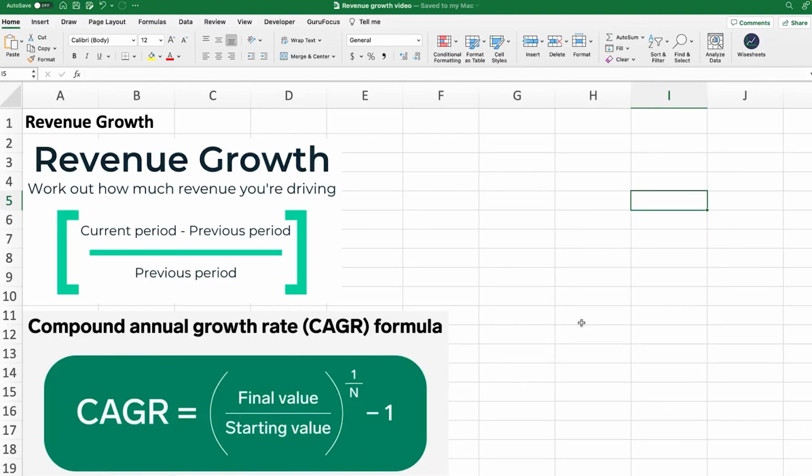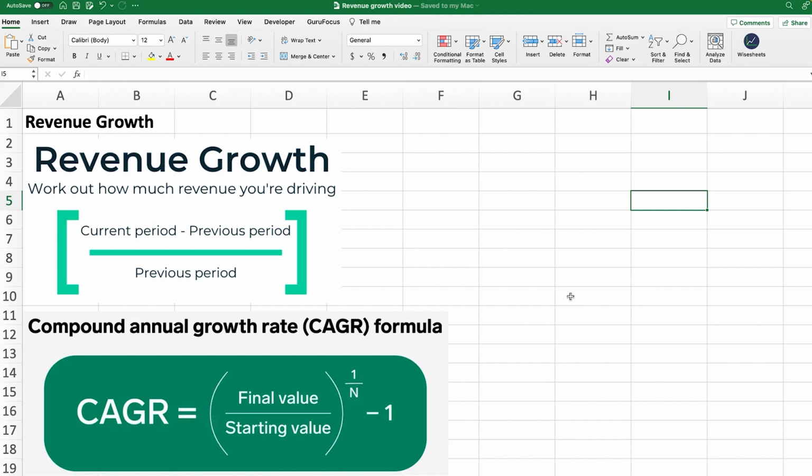Okay, so before we get into how you can calculate the revenue growth, let's talk a little bit about what revenue growth means and the two different formulas that you can start using right now to be able to calculate it. So revenue growth is essentially how much your revenue is growing from one period to another.